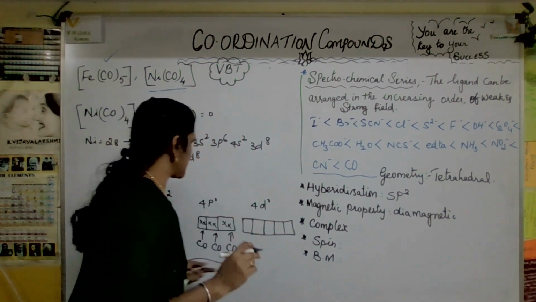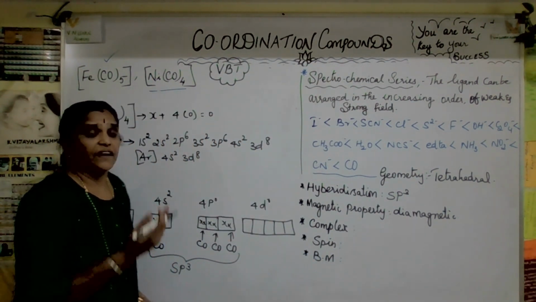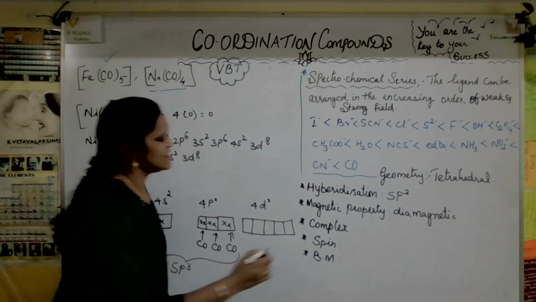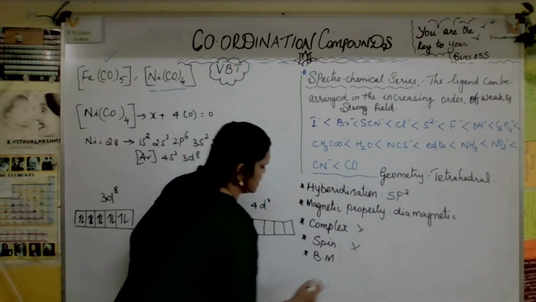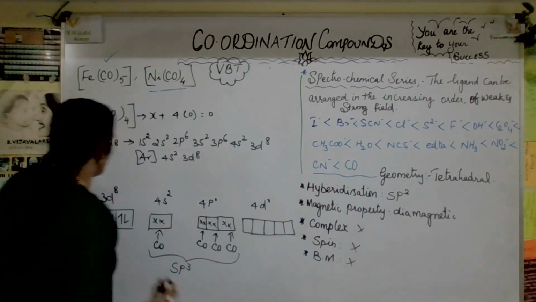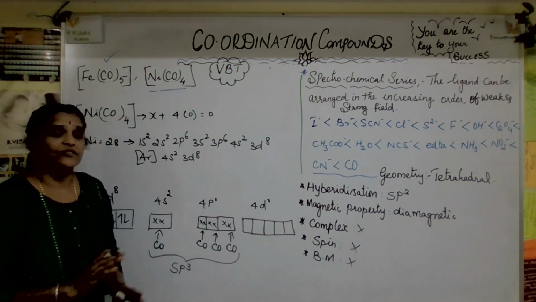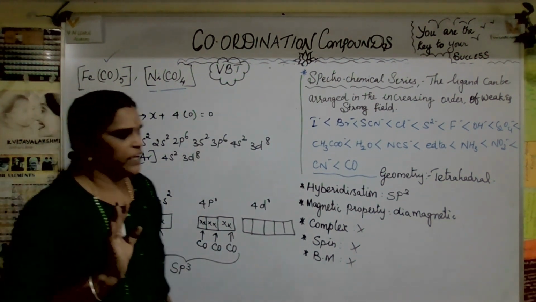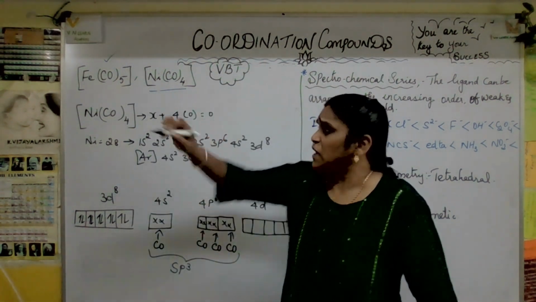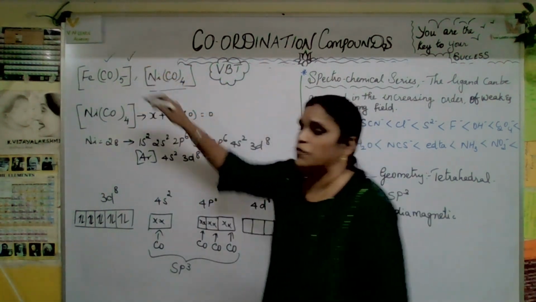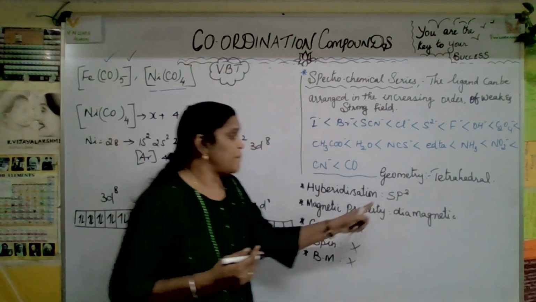Now, complex: it is not required for this series, because there is no empty d orbital, so only sp3 we can go through. Now what about Fe(CO)5? What is its geometry?